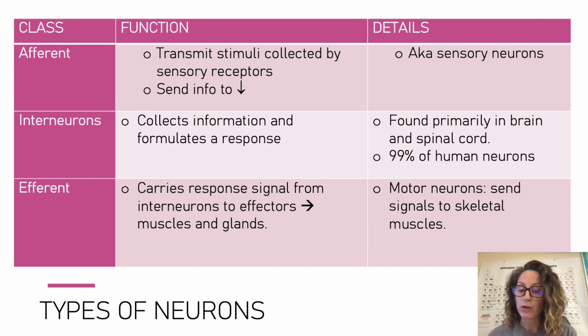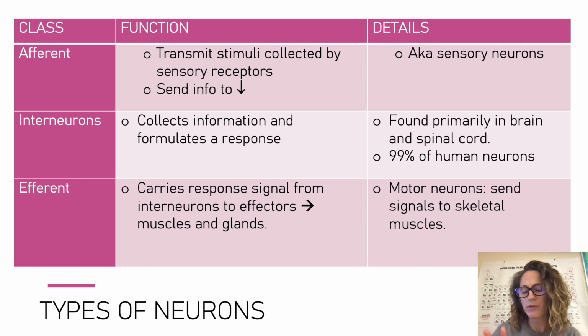And again, if your hand is touching something hot or something sharp that would be painful, that information is sent via afferent neurons up to the brain. The brain says, hey, stop doing that, it hurts. The message is sent through efferent neurons, and then you would say, ow, move your hand.